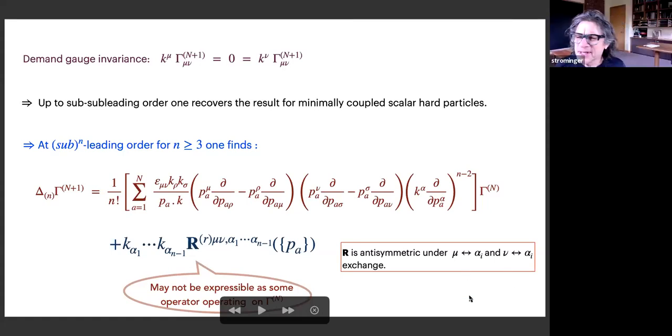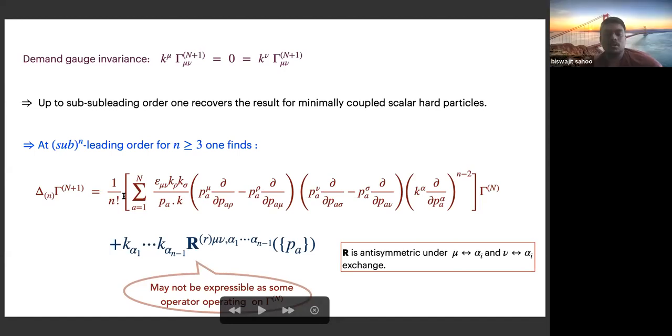Can we understand the part that is fixed as somehow the higher angular momentum components, or how do we characterize which part of the, say, n greater than or equal to 3 expansion is fixed and which isn't? Oh, for n greater than or equal to 3, the first line is fixed completely, and this R term in the second line is not.